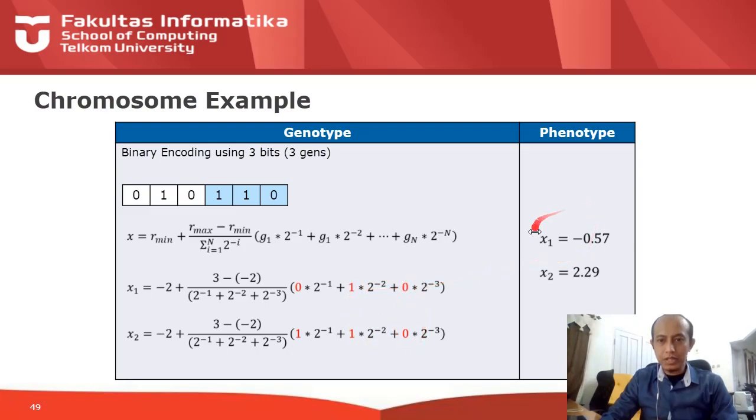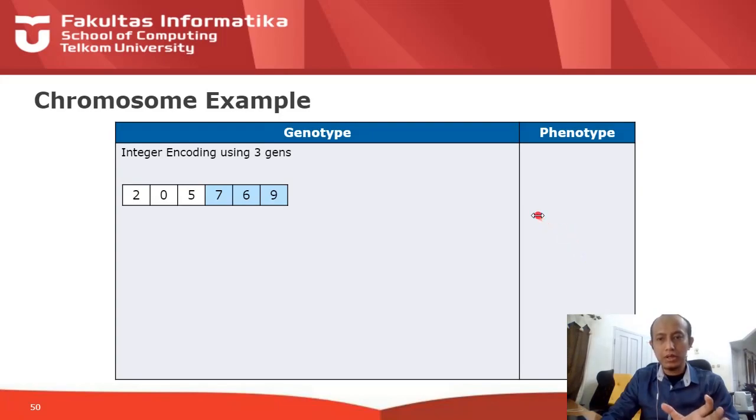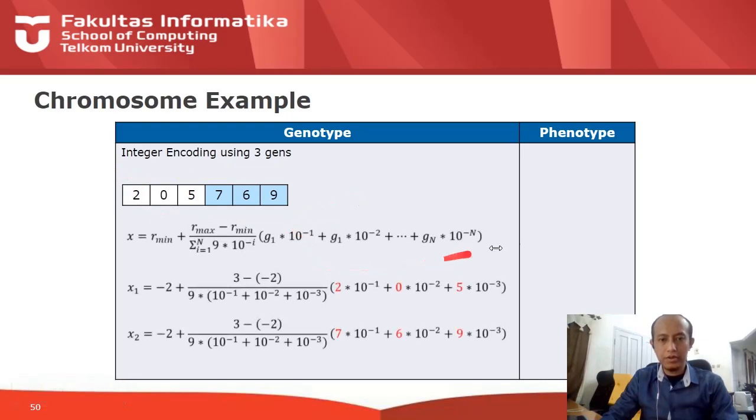That means the phenotype, or the values that will be used as input to measure the quality of solution, will become real numbers as shown on the right. We can also do similar as before, encoding using integer and then calculating the phenotype using equations.